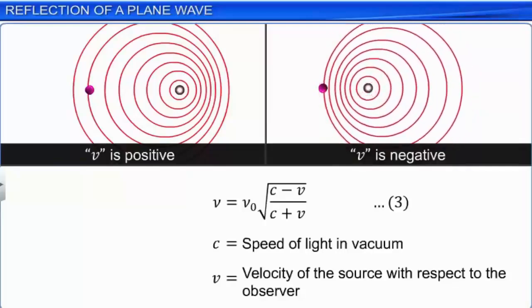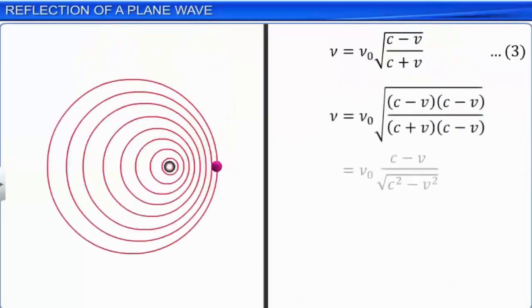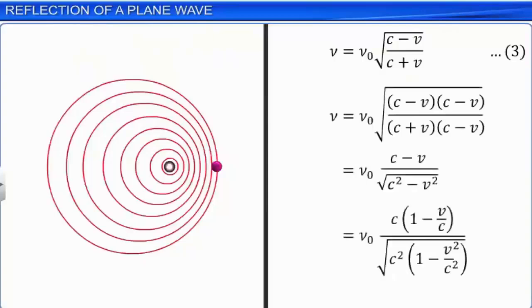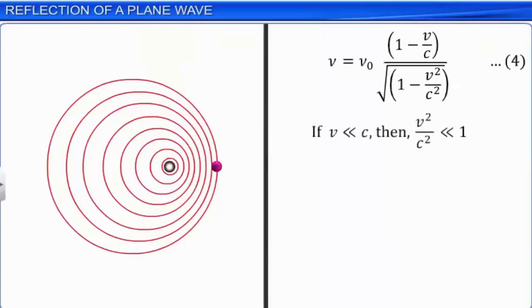Equation 3 can be mathematically manipulated as shown to obtain equation 4. If v is very much less than c, then v square by c square is much smaller than 1 in equation 4, and hence it can be neglected to obtain equation 5, where nu equals nu naught into (1 minus v by c).